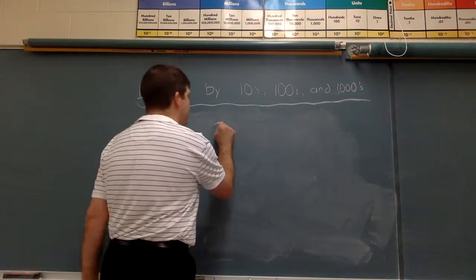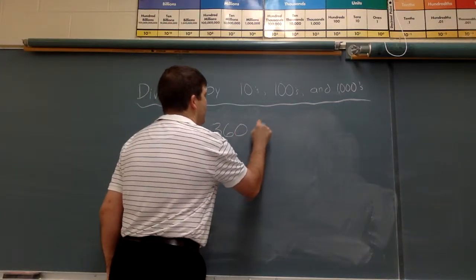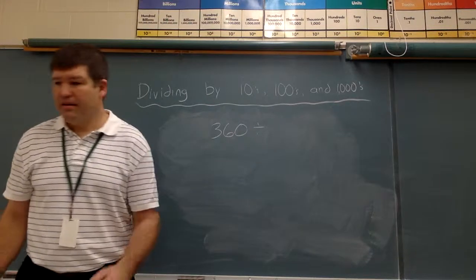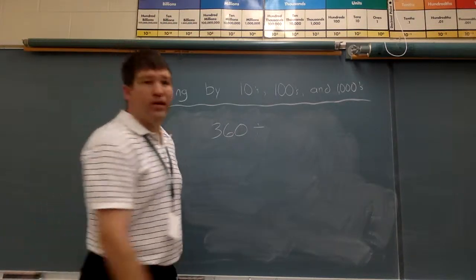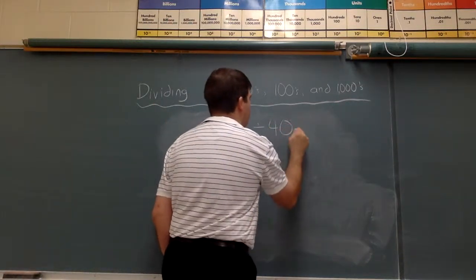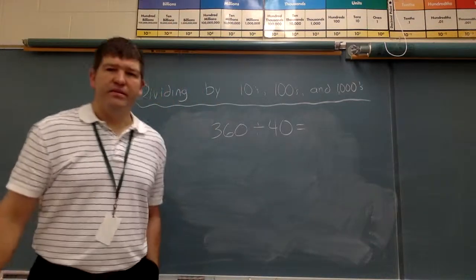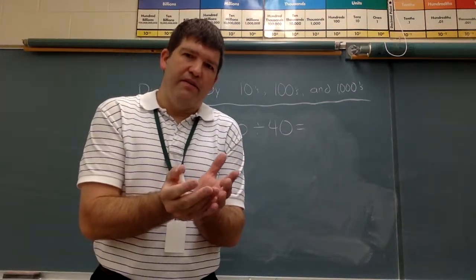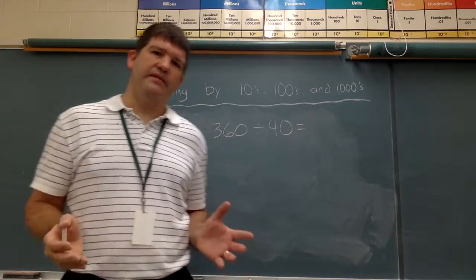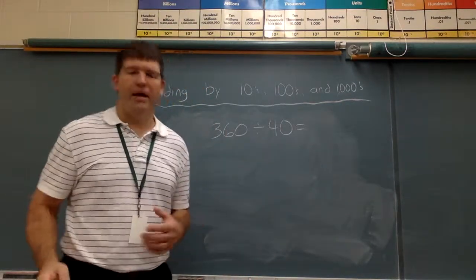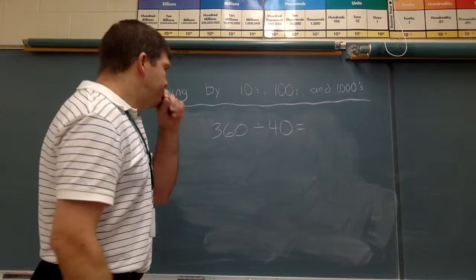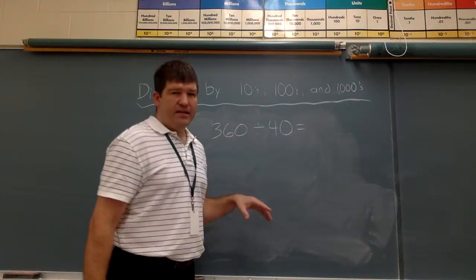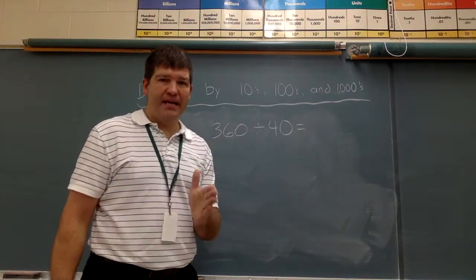Let's do 360 divided by, not by 10, but let's divide it by 40, okay? And we'll see what we get there. So now we're going to take 360 things, divide them 40 different ways, and see how many we have in each pile.